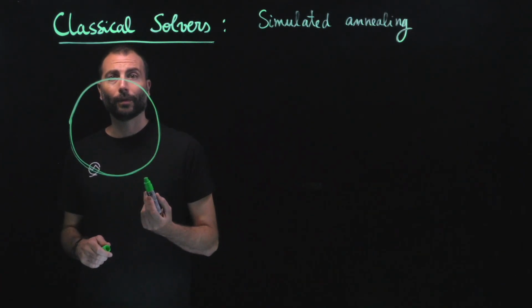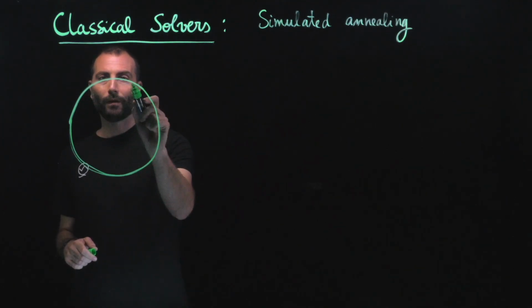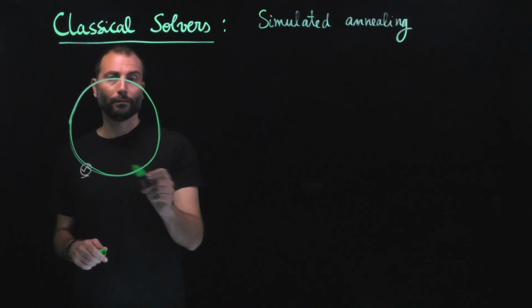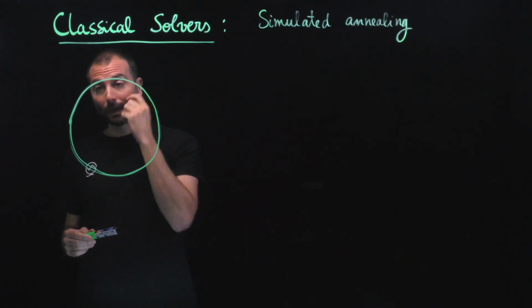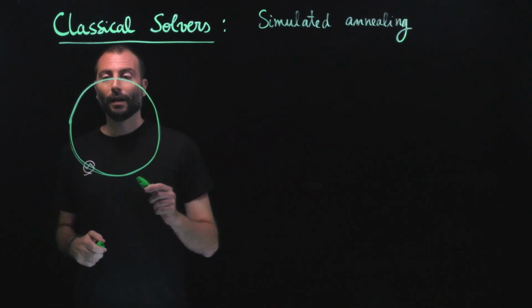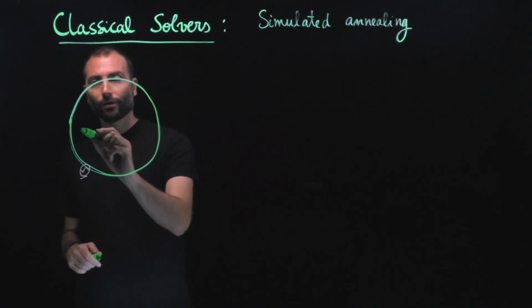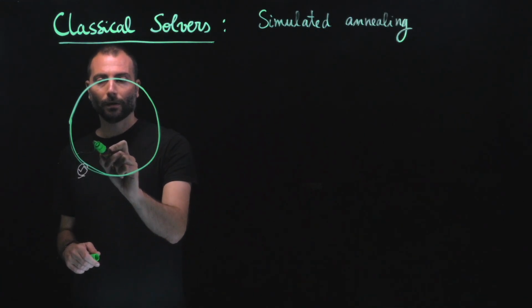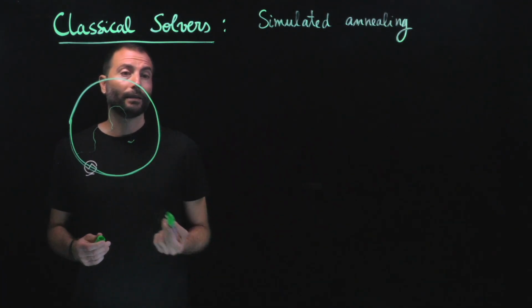And we say that an approach is exact when we perform an exhaustive search on all the possible space of solutions. In contrast, we say that an approach is heuristic when instead of performing an exhaustive search, we just navigate, explore this space of solutions with some criteria.